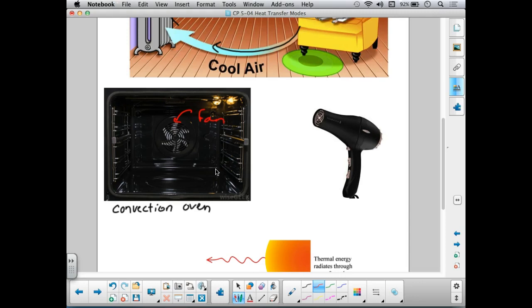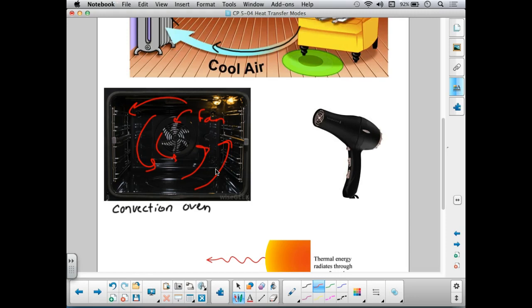And so we make the heating element very hot, and the fan is going to force air to move around inside of the convection oven. And that hot air is going to move thermal energy to your food, which is what you want to get cooked. And convection ovens are nice because you have moving air that is going to move the thermal energy all around and kind of evenly distribute it, so your food gets cooked very evenly and from all sides.